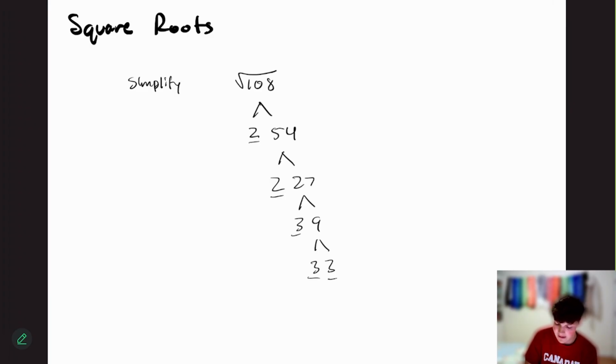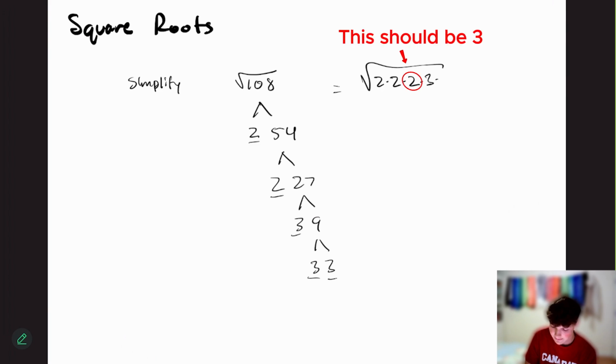So 108 is equal to the square root of 2 times 2 times 2 times 3 times 3. All I did was break 108 into something equivalent to it. We also know that this is equal to the square root of, look at these pairs, 2 times 2 and 3 times 3. So that's equivalent to 2 squared times 3 squared times 2.